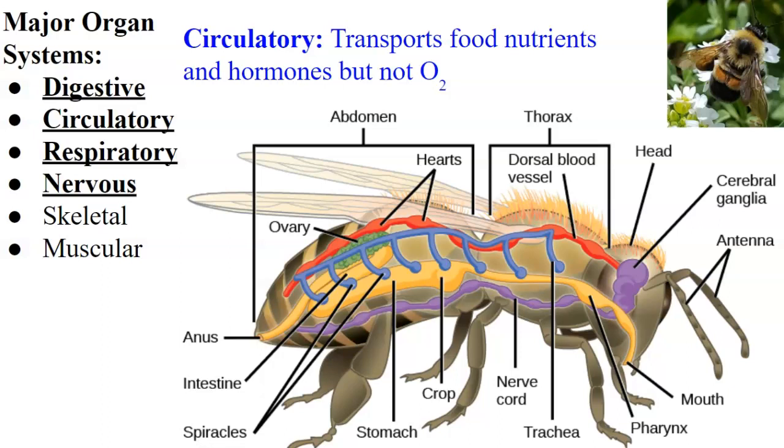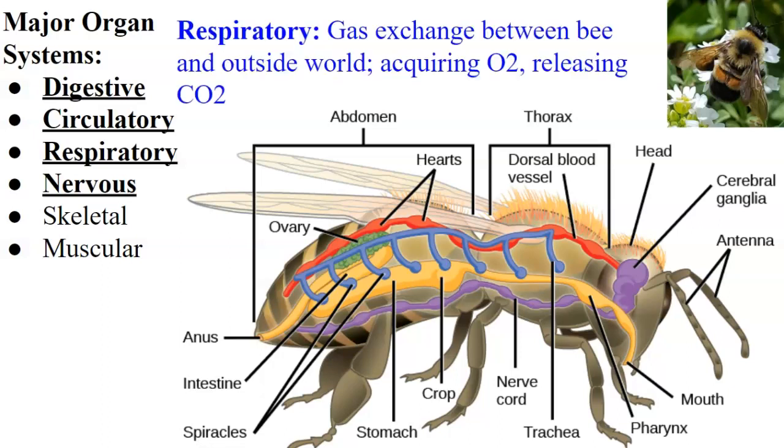What's interesting is it transports food nutrients and hormones, but it does not transport oxygen like our blood. It's a little bit different. The respiratory system is similar in that it takes in oxygen gas and releases carbon dioxide gas, but they don't have lungs.